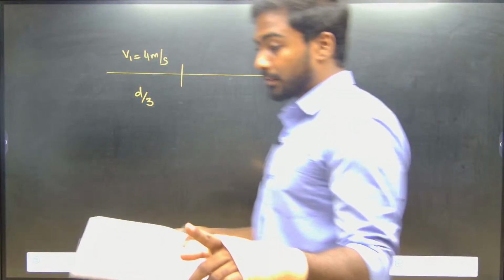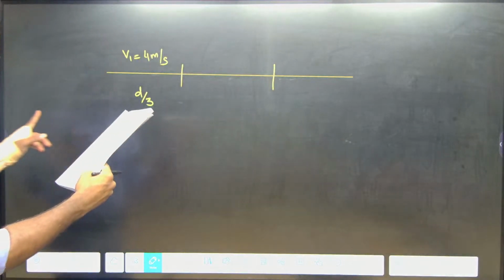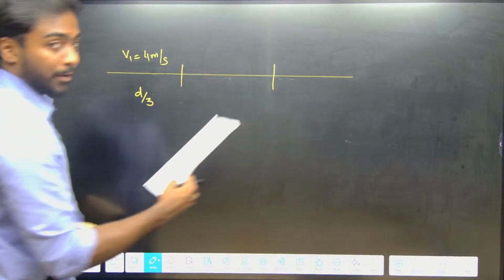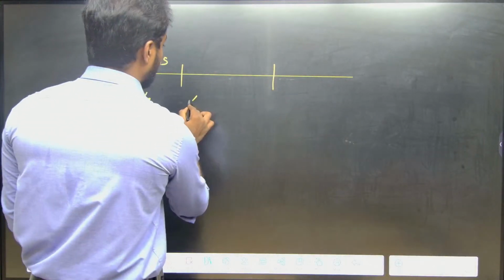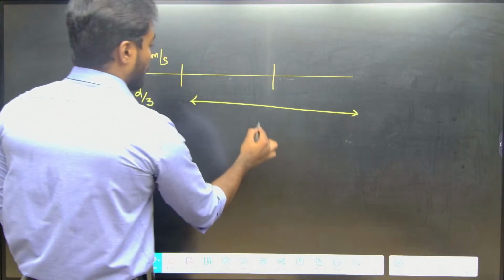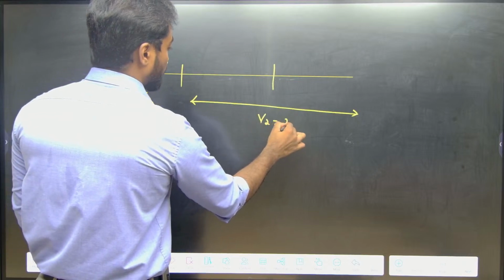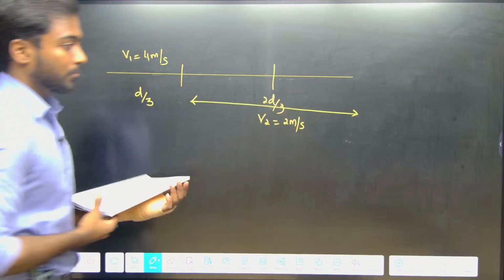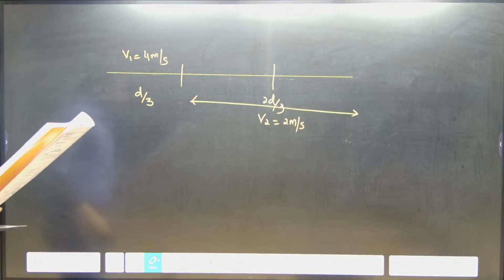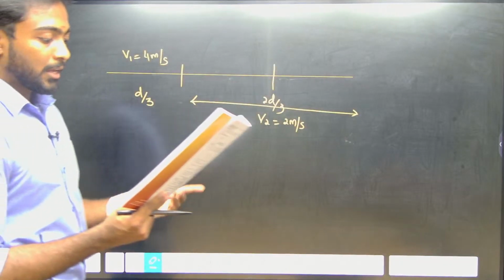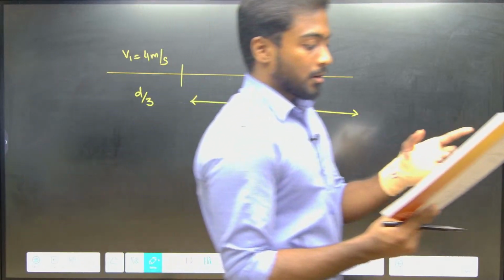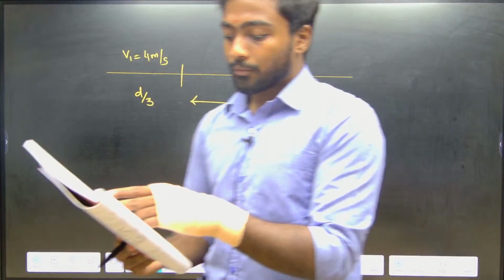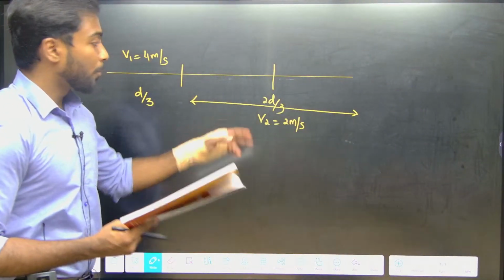They have given a different situation. So they have given that the remaining part of a distance covered with a velocity 2 meter per second. Remaining part in the sense this part, which is v2 is equals to 2 meter per second. Okay, sir. And it is 2d by 3. Then what you have given, like for the first half the time with the velocity 2 meter per second.